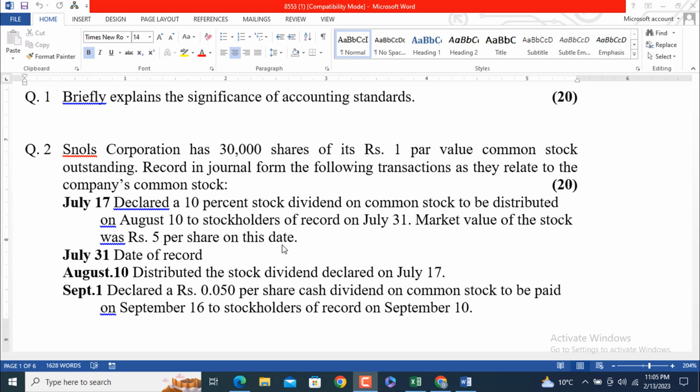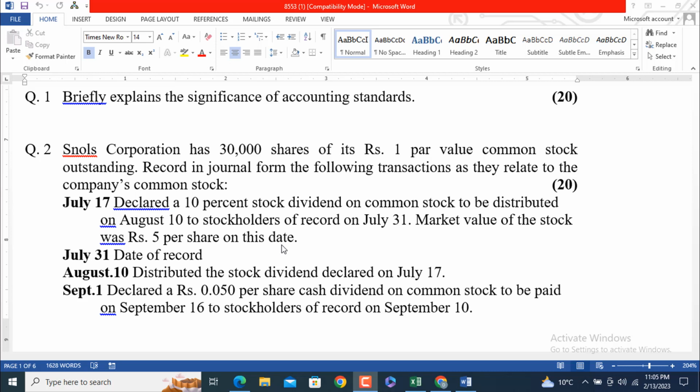Please note that when we are dealing with a stock dividend, it is not related to assets or economic resources, so it is not considered a liability or obligation of the company. It is related to the equity section of the company, which is a part of the balance sheet.